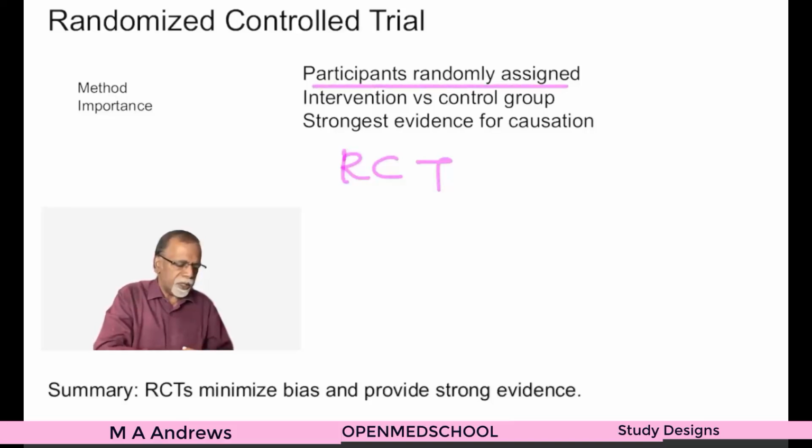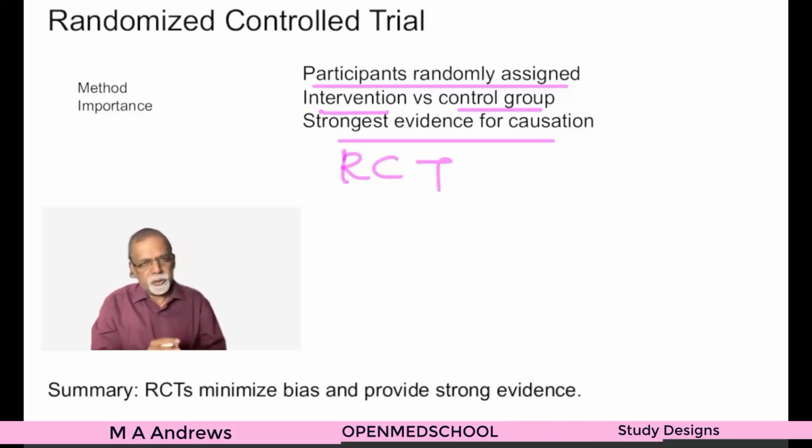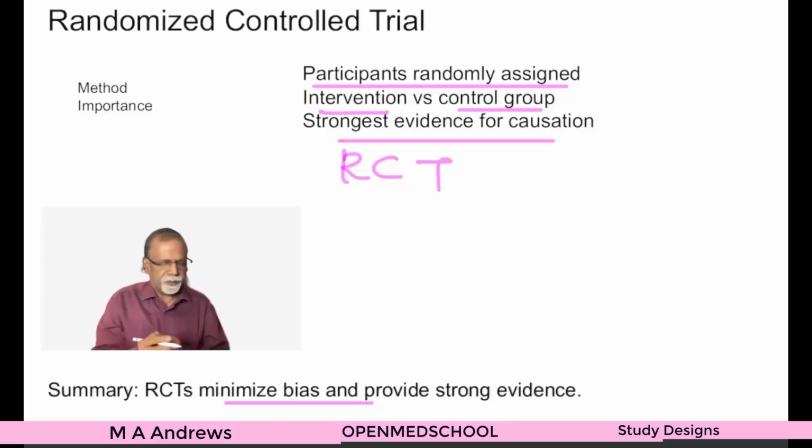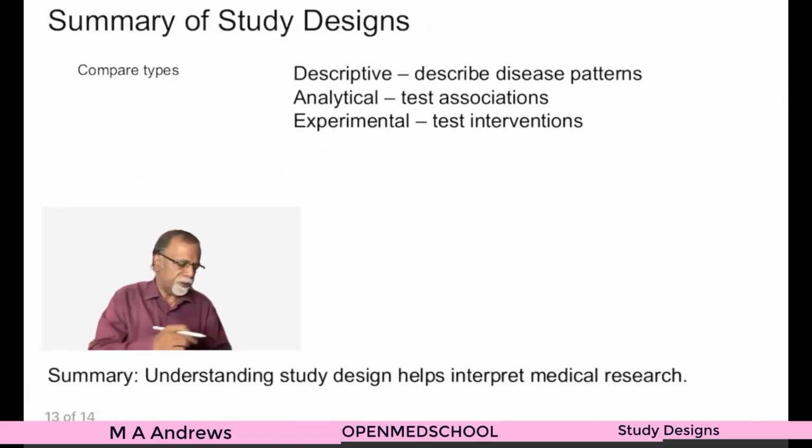Participants are randomly assigned. So there is an intervention group and a control group. It's the strongest evidence. For undertaking a randomized controlled trial, there are a lot of steps. Details will be discussed in other sections. RCTs minimize the bias. About the bias, again, we will discuss later. And it provides the strongest evidence.